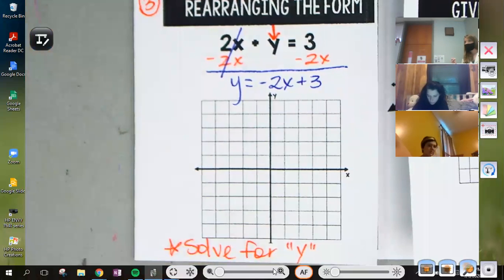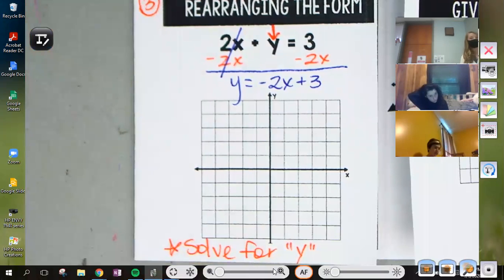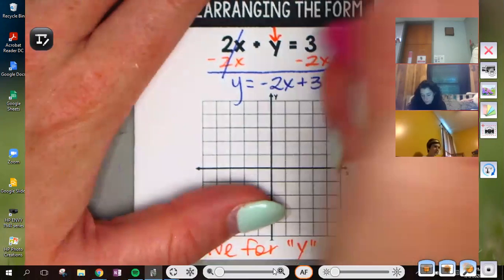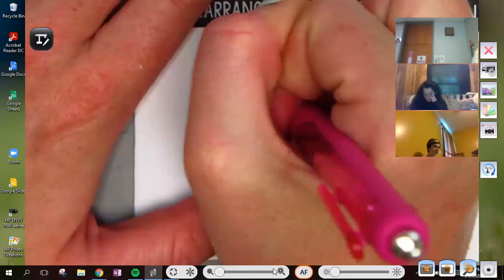Do y'all see that? Now looking at that, do I know my slope? Do I know my y-intercept? Can I graph? Looking at this equation, someone raise your hand and tell me what my slope is. What is my slope, Braden? Negative 2. Can someone else tell me how Braden knew that was my slope?